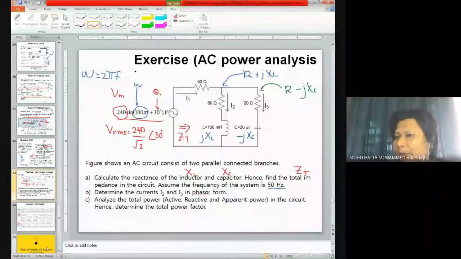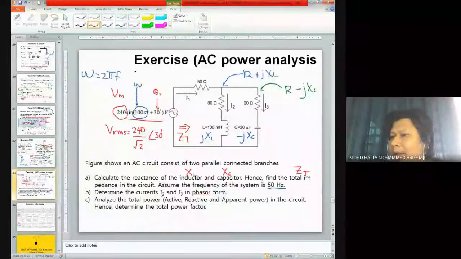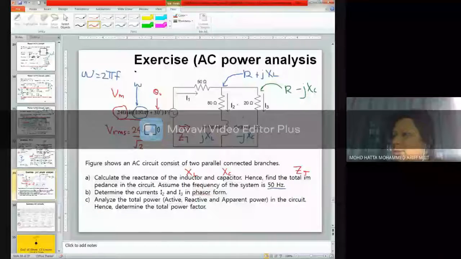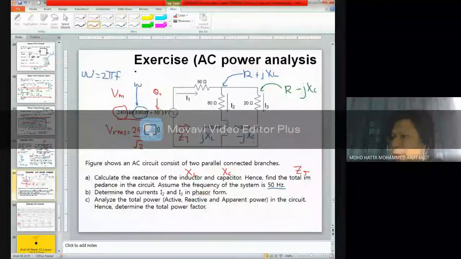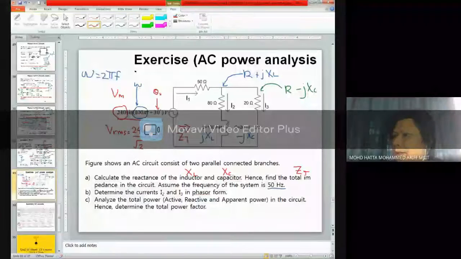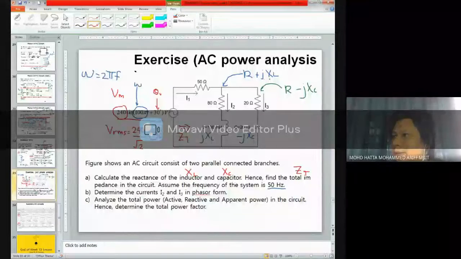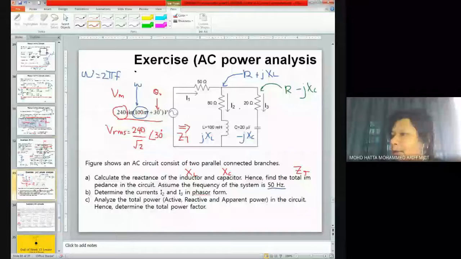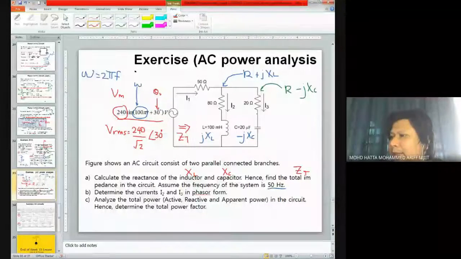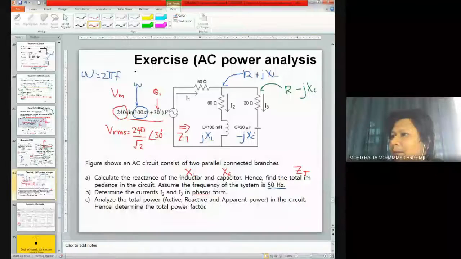For question B, determine currents I2 and I3. I2 is the current flowing through the branch that consists of R plus jXL, and I3 is the current flowing through the second branch, which has R minus jXC as its impedance.